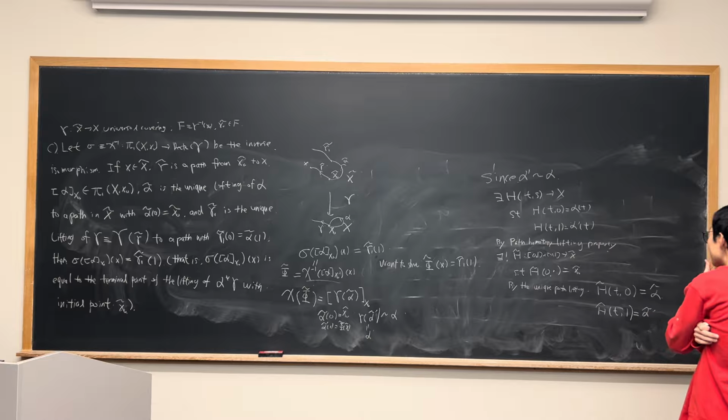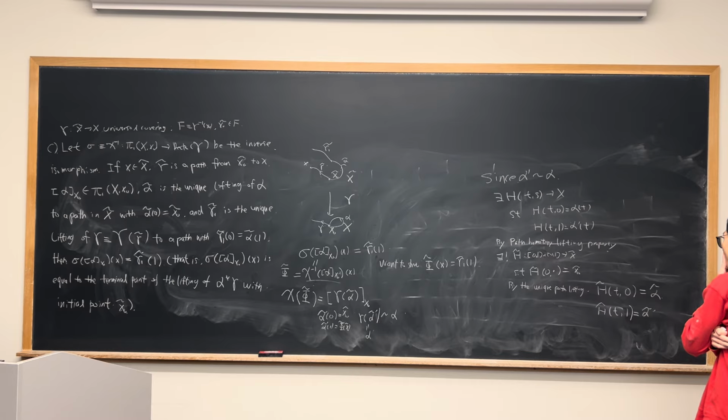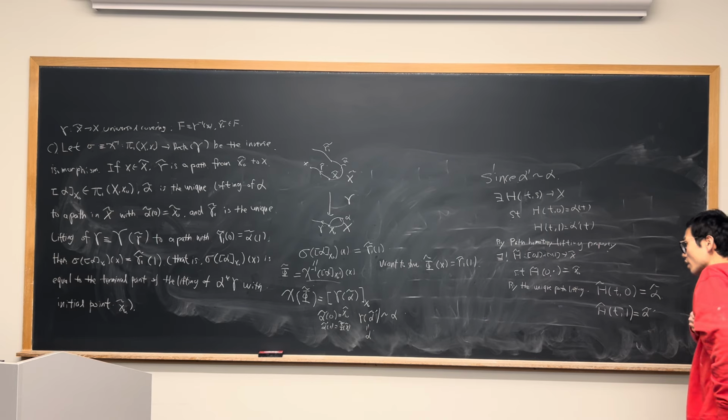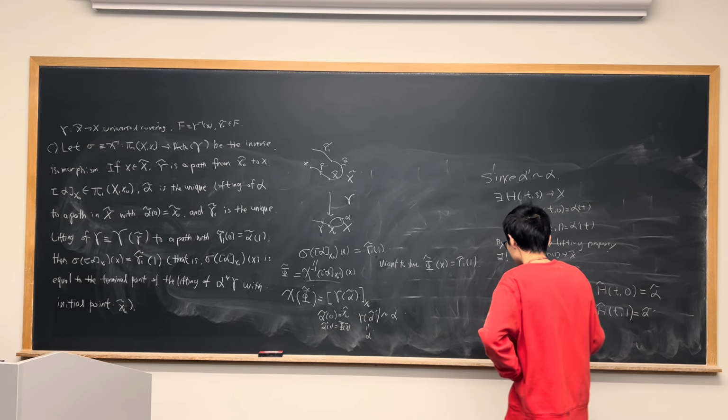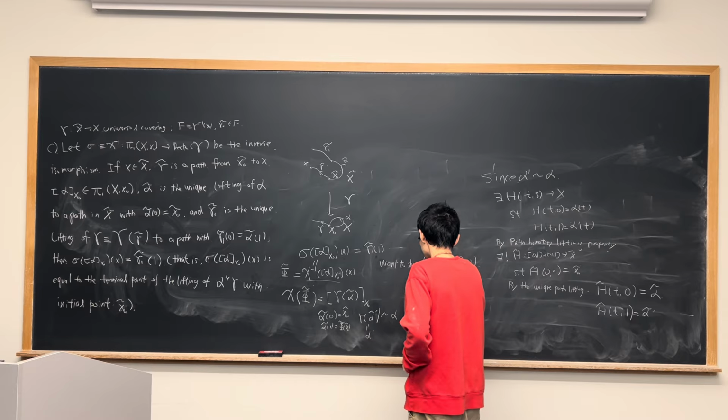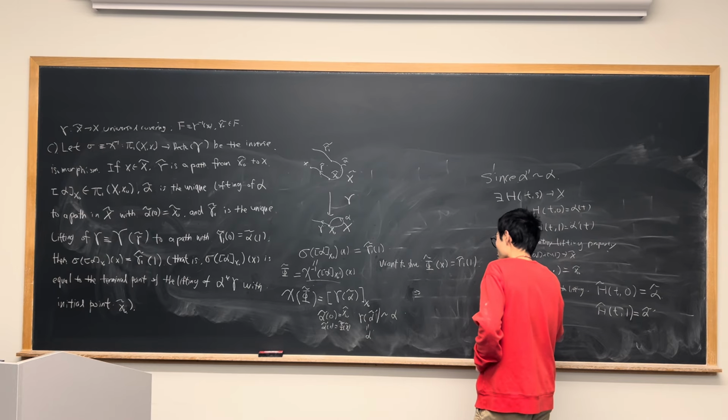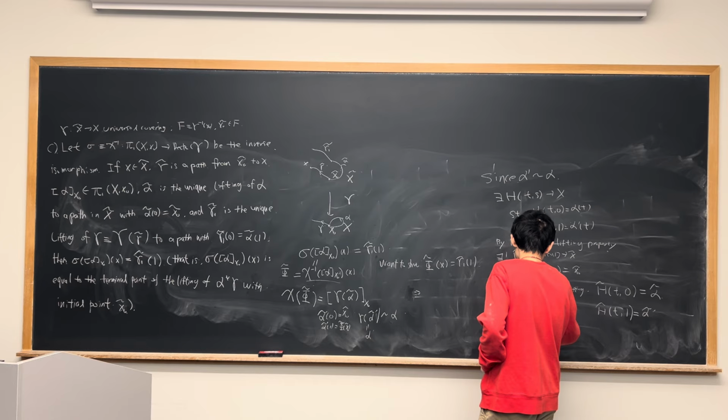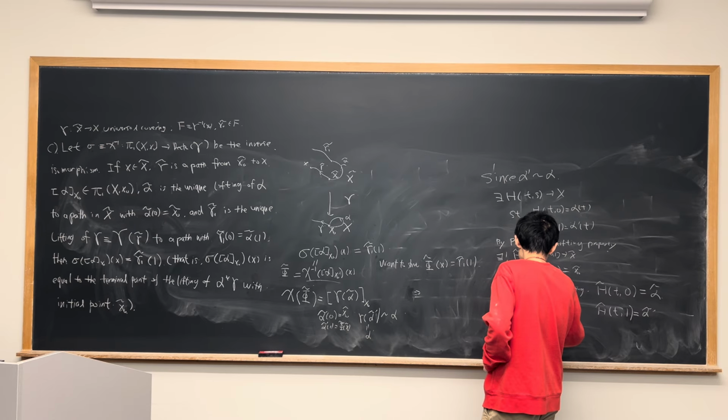So then, let's see what happened next. I know that these two are homotopic. Therefore this implies that alpha prime and alpha share the same endpoint, which is equal to alpha tilde 1.